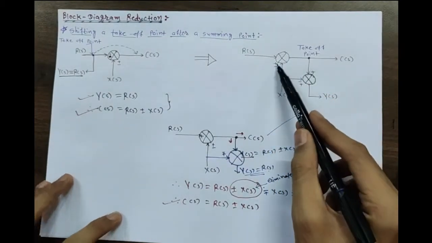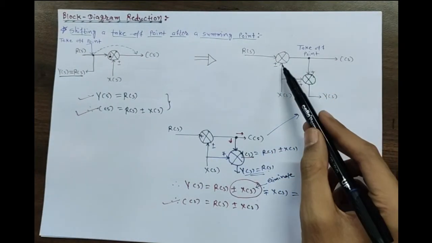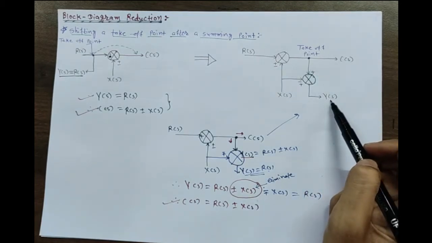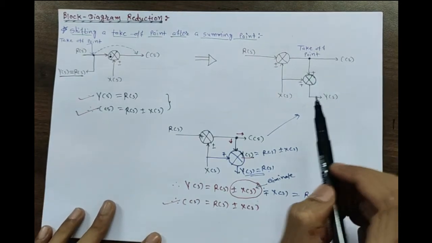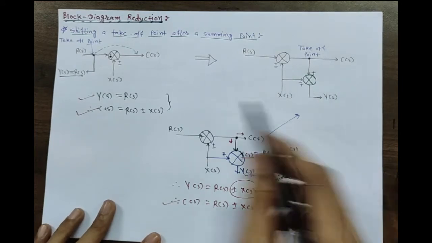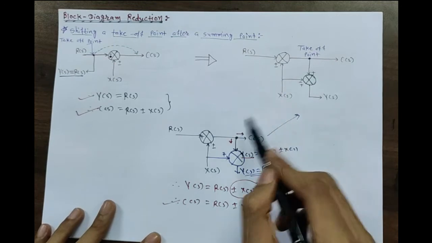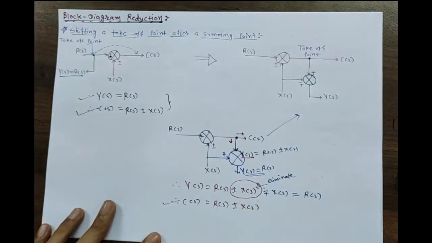You can see this plus or minus x of s is going inside as your c of s and y of s. Now you can easily remember this. You know how we can come to this point, but whenever it is applied during the block diagram reduction technique in an example, you don't have to worry about how we arrive at this particular network.